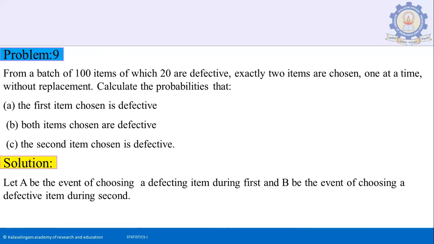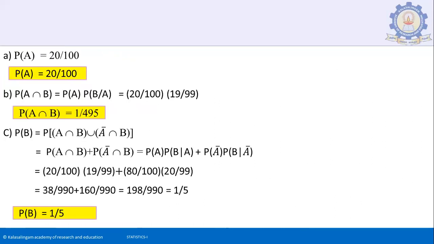So let us denote A as the event of choosing a defective item during the first draw, and B as the event of choosing a defective item during the second. So probability of A is equal to 20 divided by 100.